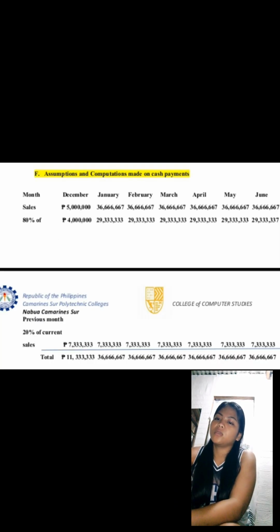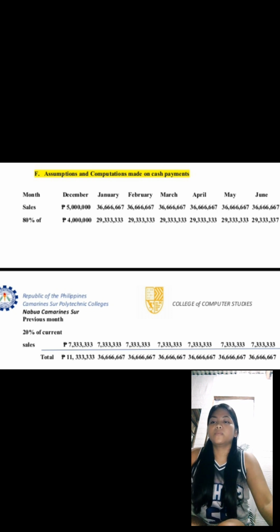Assumption and computation made on cash payments. Here are the monthly sales over 7 months. We have sales, 80% of previous month, and 20% of current sales.